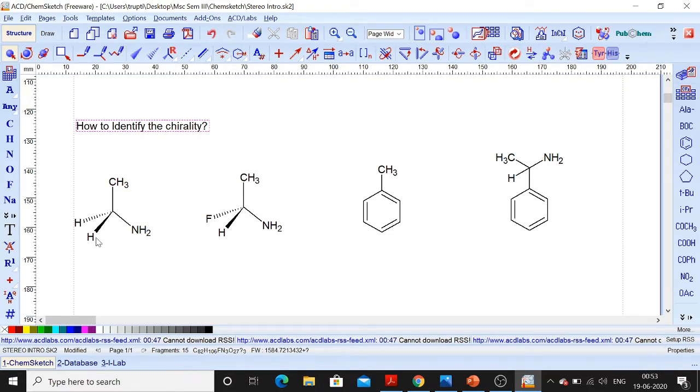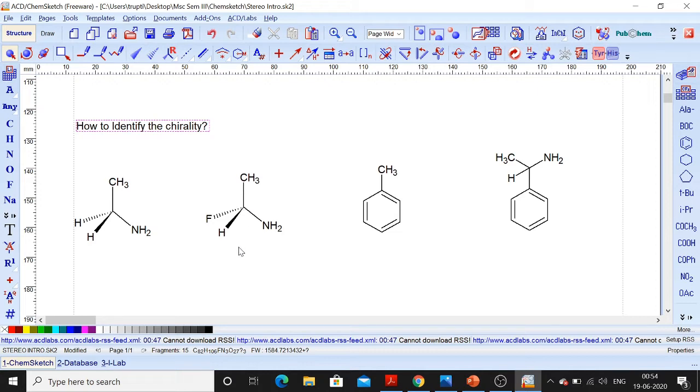If you look at these two molecules, from the stereochemistry you have studied in your previous year, it is known to you that it depends on the presence of a chiral center. What do we mean by a chiral center? It is an asymmetric carbon atom, a carbon atom attached to four different atoms or groups. A compound having an asymmetric carbon atom is called a chiral molecule.